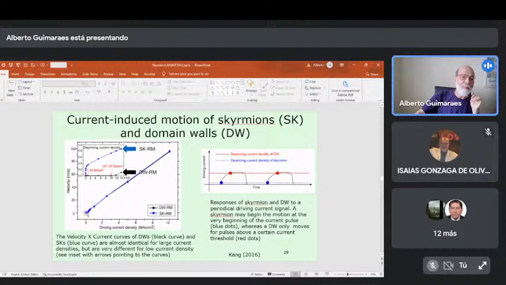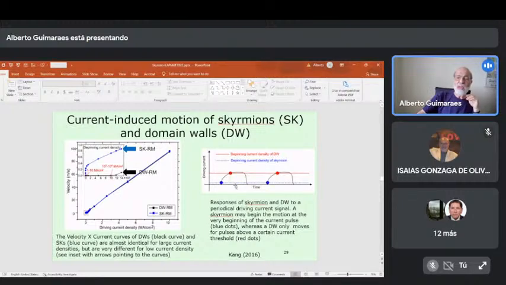But at the beginning of this graph, for small currents, the behavior is very different. The domain wall does not move until a certain value of the applied current density is reached, whereas the skyrmions start moving at practically zero current density.